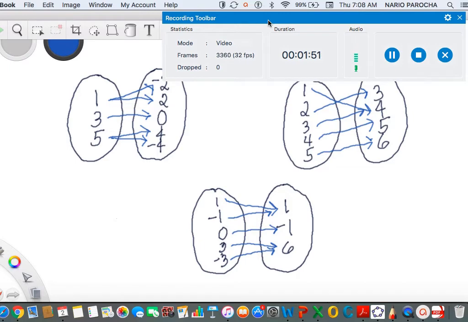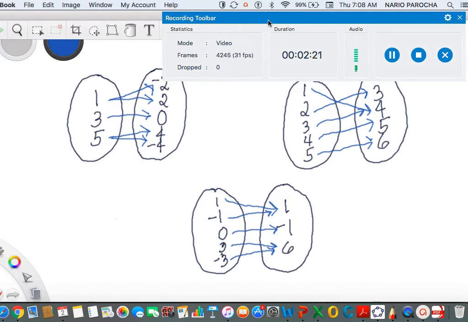Now let's look at the second mapping diagram. We have 5 elements in the domain. By the way, domain are the elements of the first set. We call that domain. And the elements of the second set, we call that range. So 1 corresponds to 4, 2 corresponds to 3, 3 corresponds to 4, 4 corresponds to 5, and 5 corresponds to 6.